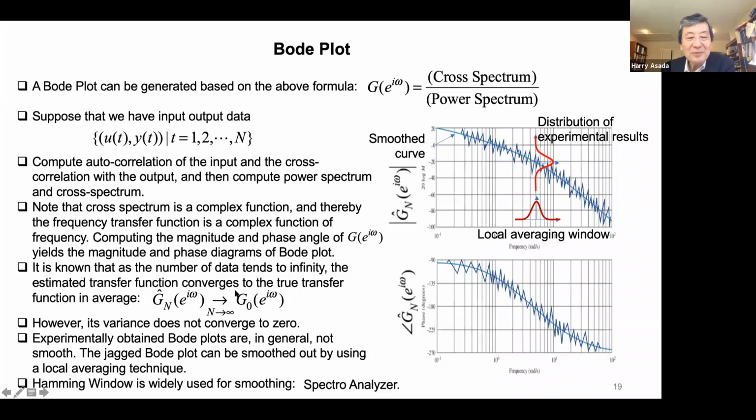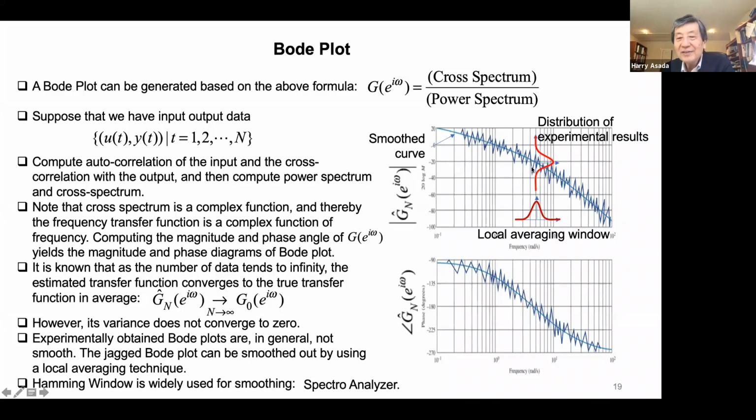If you do this many times and take the average, in average it is going to converge to the true one. Often we put G naught here to represent that this is the true value. So the true transfer function can be achieved. However, this is in average. In average going there doesn't mean that the variance is zero. The variance is still non-zero.